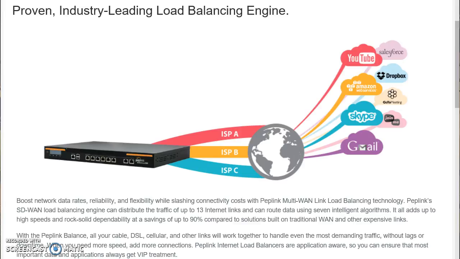A client could obtain two or possibly three internet connections, which they can combine into a single connection to provide a very fast single connection, or to load share or balance across a couple of connections. So if one were to fail, they could rely on the third or fourth to maintain their internet continuity.